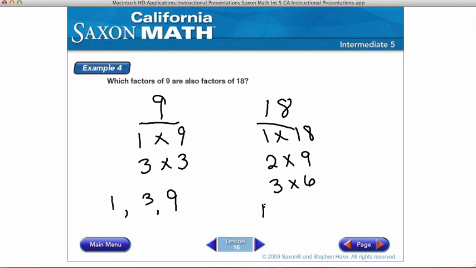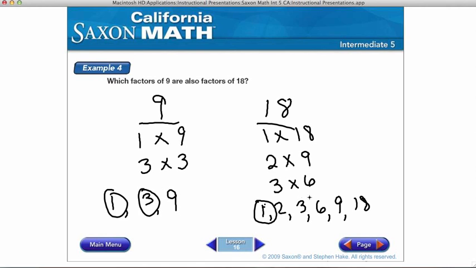So if I was to compare these, I'm now going to circle my common factors. Well, they both have a 1, they both have a 3, and they both have a 9.